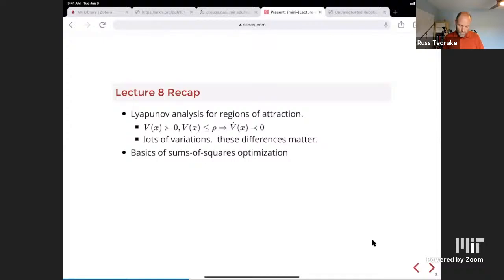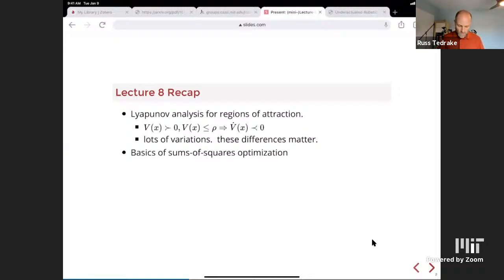In order for something to be a sub-level set, there are all the variations: you could have strictly positive definite, strictly negative definite, you can prove asymptotic or exponential convergence. All these different details can come in and matter too. There are also lots of different ways to formulate those different optimizations. I put a few of them on the board in lecture.